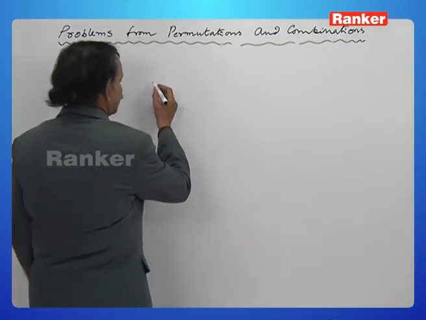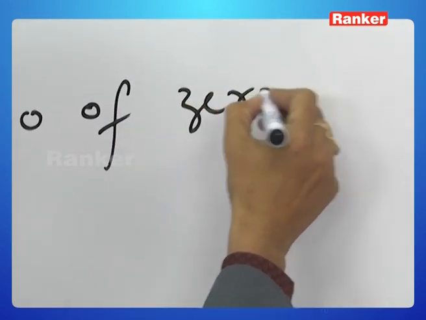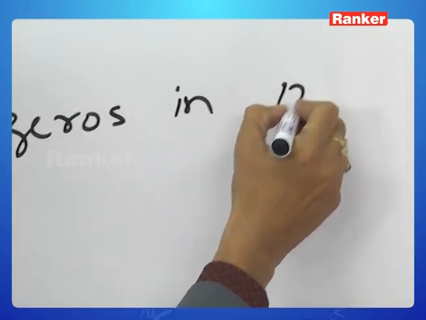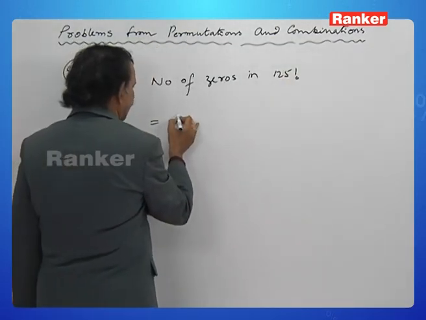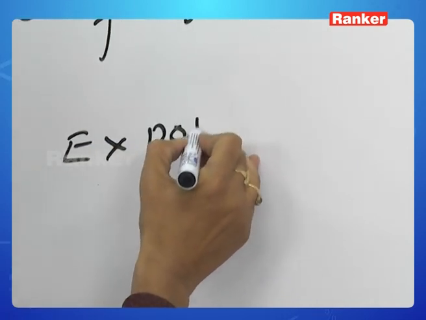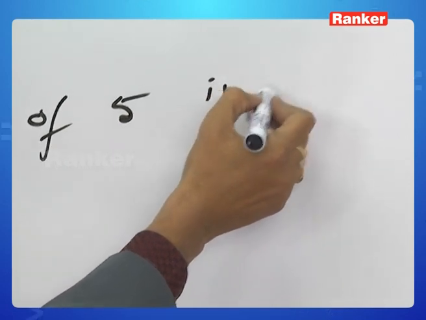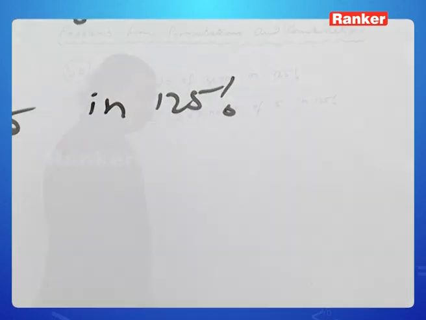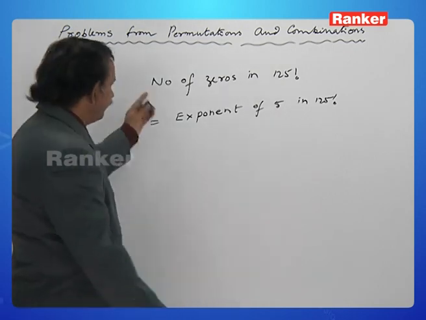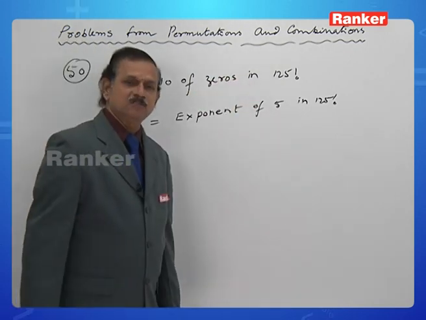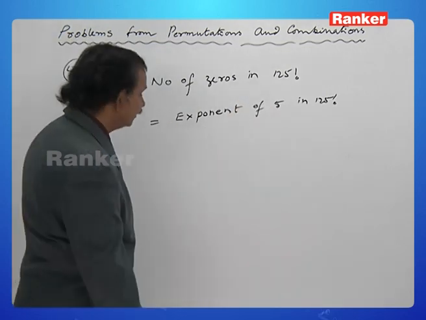So number of zeros in 125 factorial is equal to exponent of 5 in 125 factorial, as we could have discussed just now. Number of zeros is nothing but the exponent of 5 in 125 factorial.